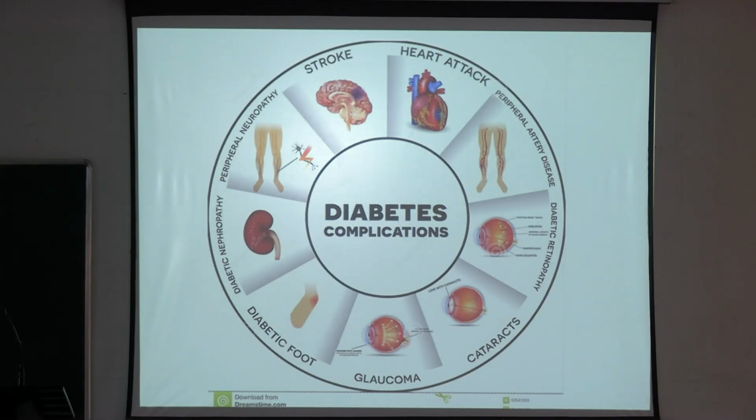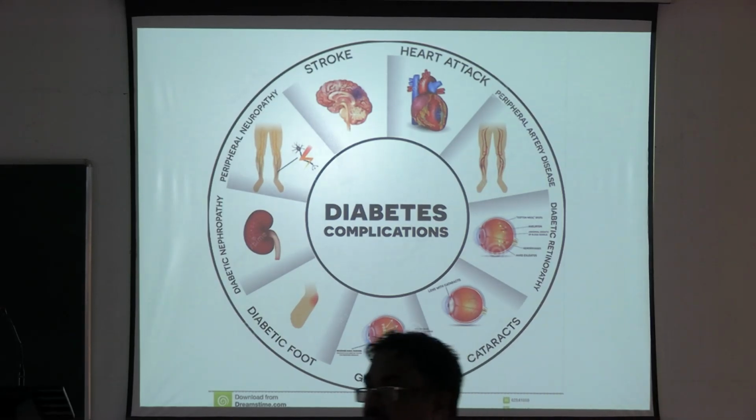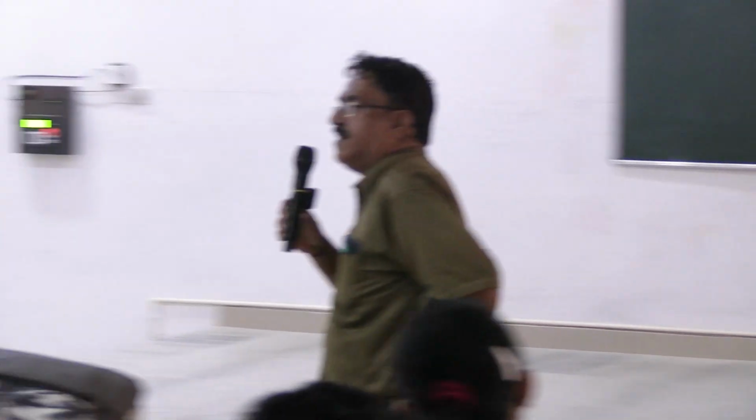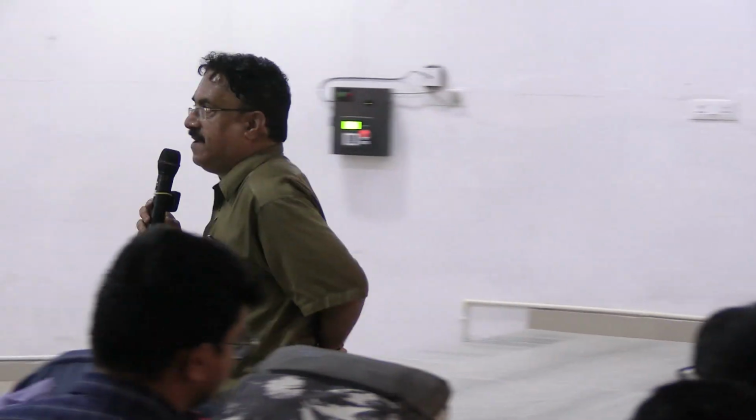Why is it neglected? We give medicines for blood sugar, but we never tell the patients about these possible complications. What is the most common complication we see, the common complication for which the patient comes? Look at this and tell me.